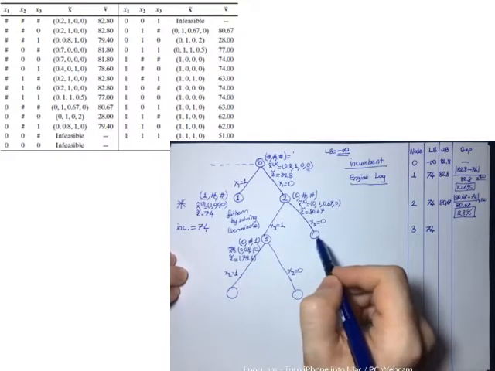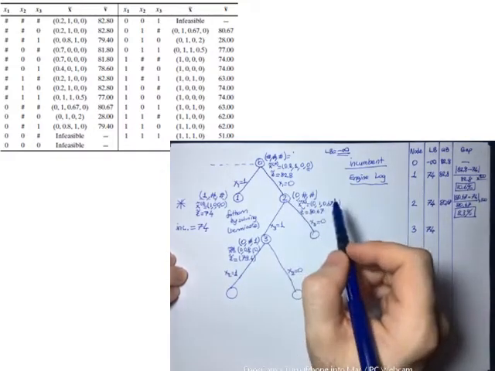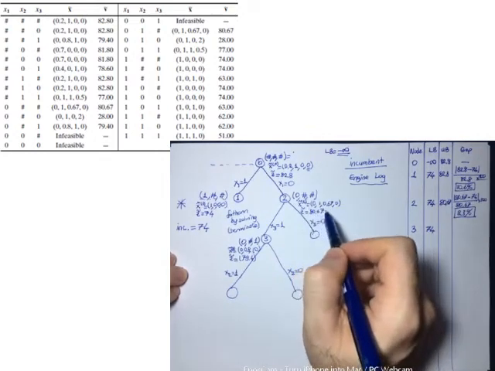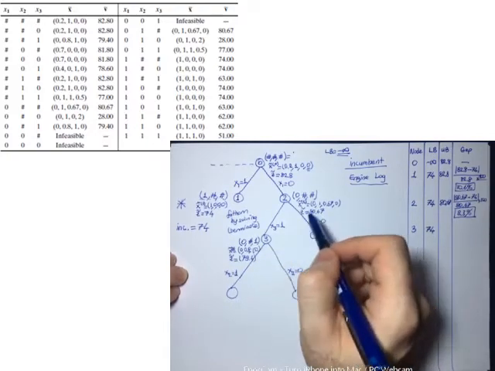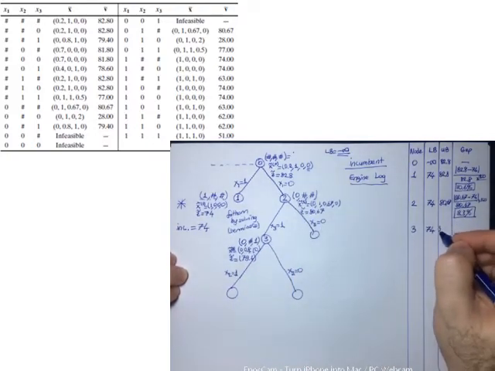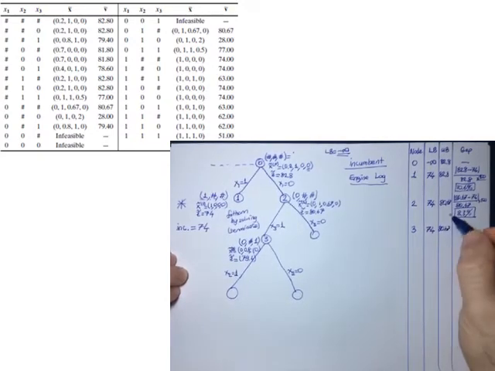The parent of this open node is this one, and its value is 80.67. I am maximizing, so which one has a higher value? This one. So your upper bound is still 80.67. The lower bound is the same, the upper bound is the same. It means that your gap value will be the same, so 8.3%. It's not updated.